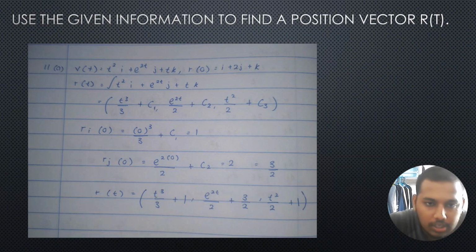After that, because k has no value, we need to write it as zero, and then we get the calculation: t to the power of 3 over 3 plus 1, and then e to the power of 2t over 2 plus 3 over 2, and then t to the power of 2 over 2 plus 1.